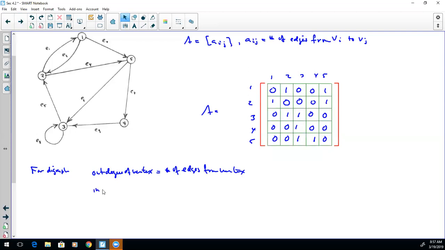And the in degree, it's the number of edges into a vertex. Okay.